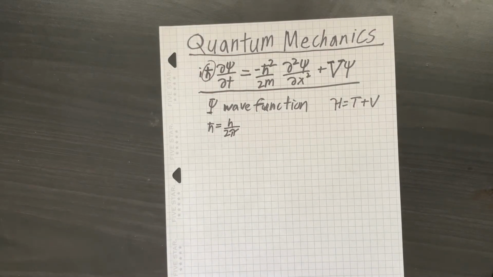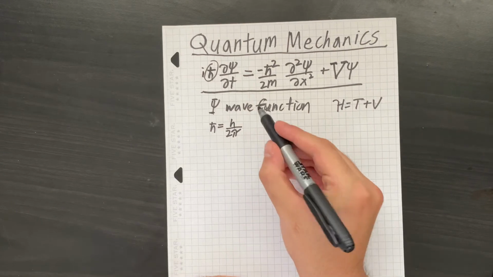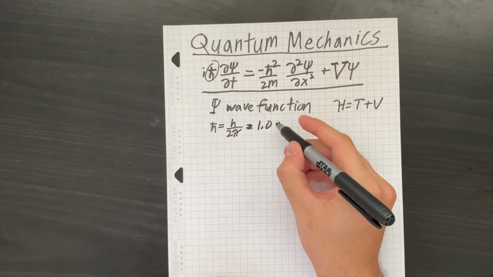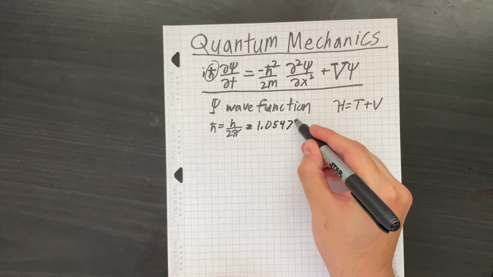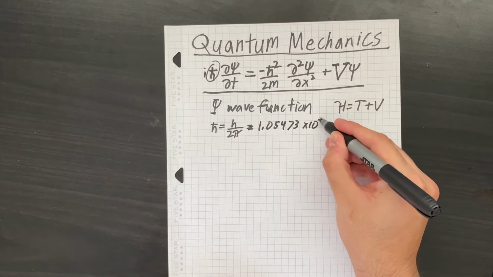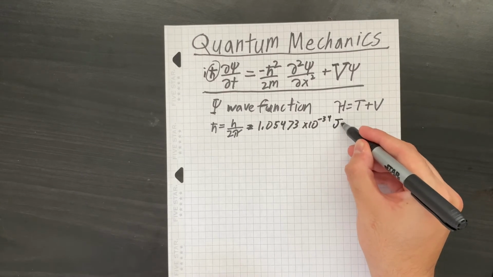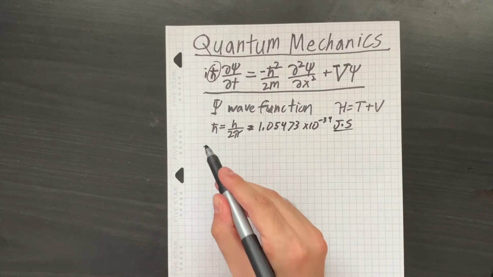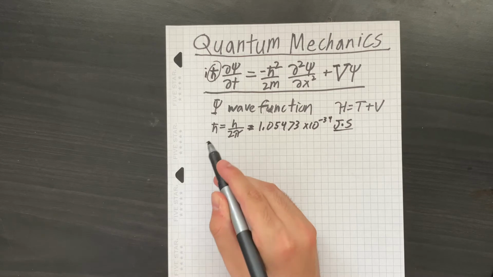We'll dive deep into it. But for now, just know that this h bar is a constant, and it is 1.05473 times 10 to the minus 34. And these are pretty interesting units as well, joule seconds. These units are actually very important for what this constant means, so I'll come back to that also later.